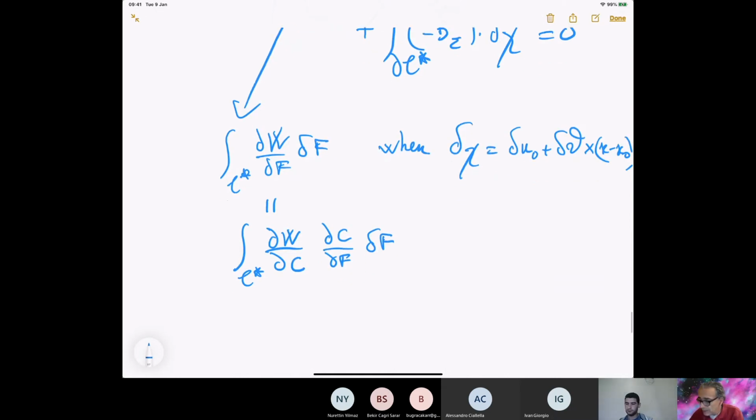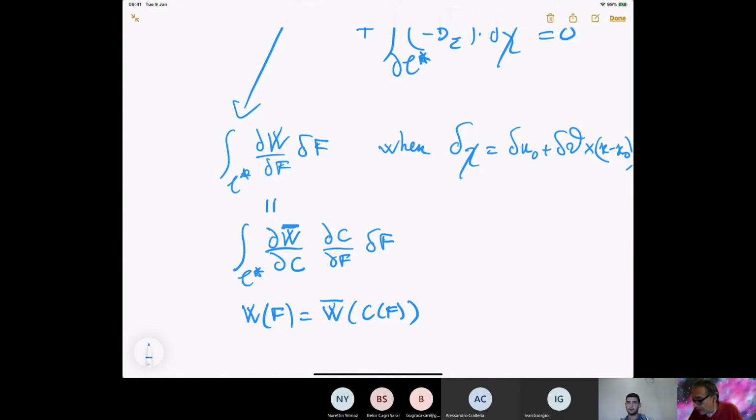Okay, this is true, because w of f is equal to w bar of c of f, because there is no deformation energy when f is rigid.